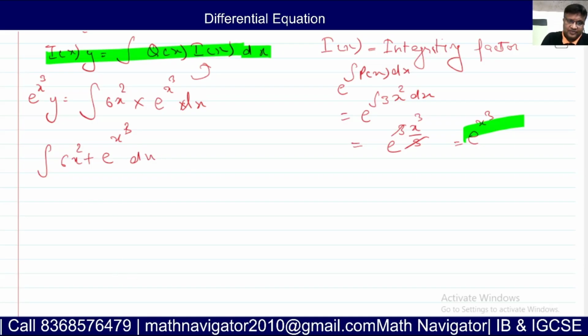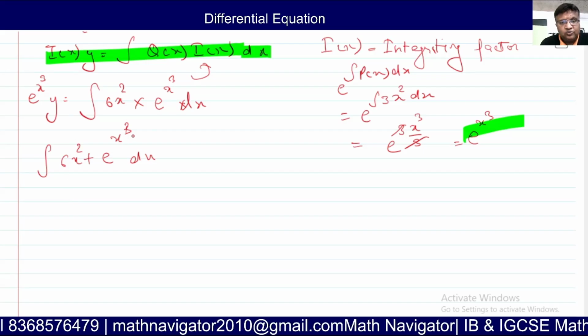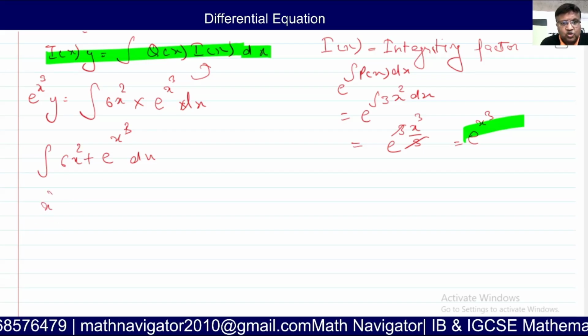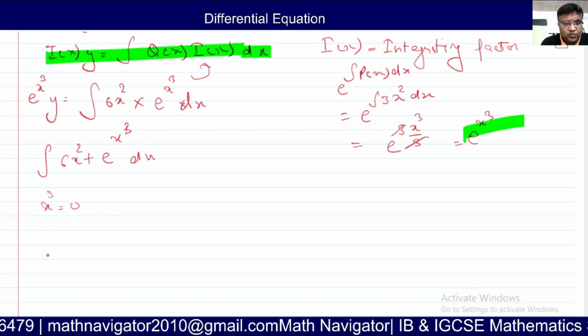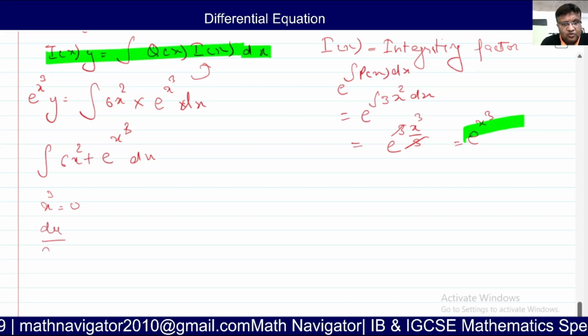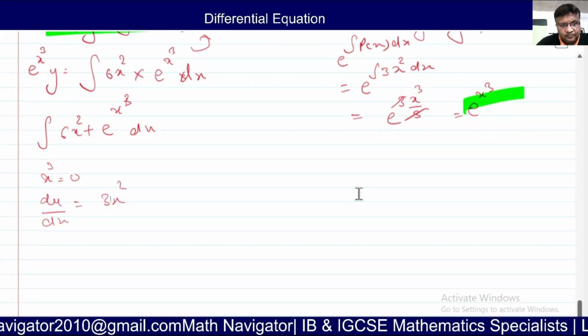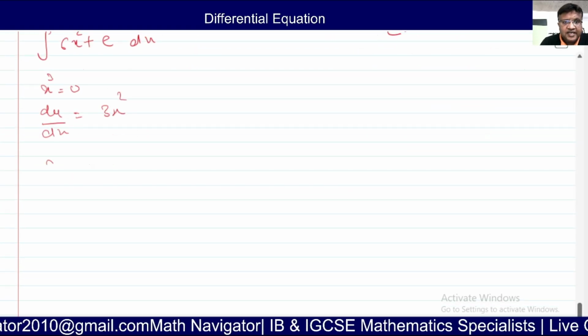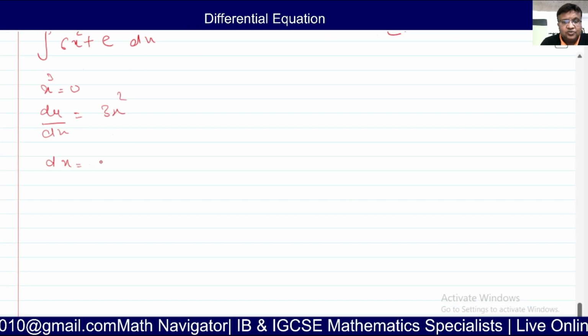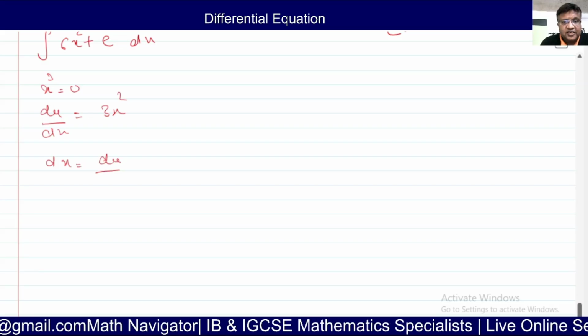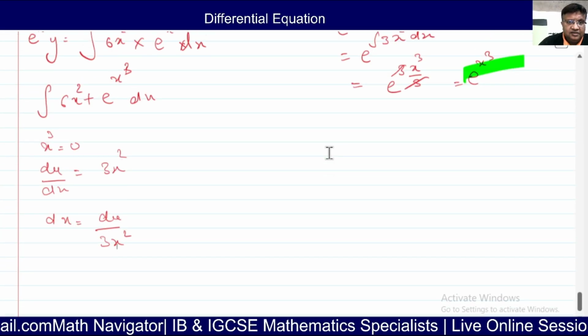By the substitution method. Let's say x cubed is equal to u. So du by dx is equal to 3x squared, so dx is equal to du by 3x squared. Now I'll make my integral.